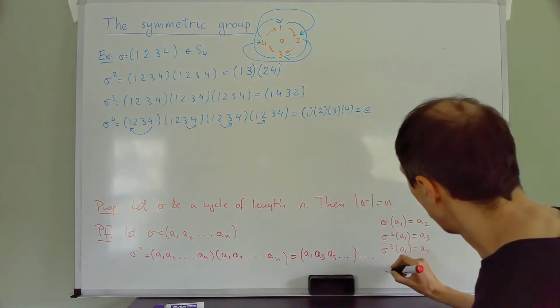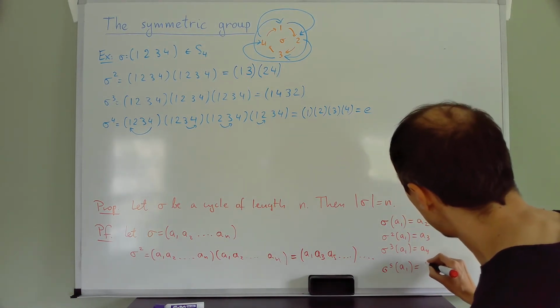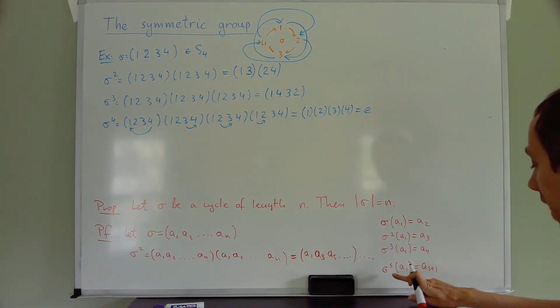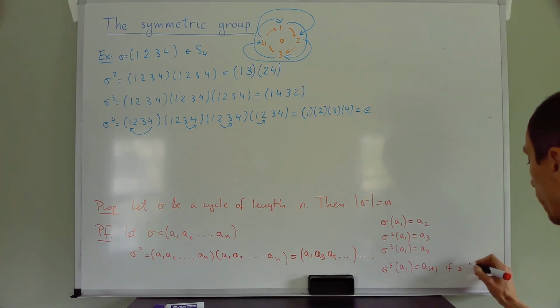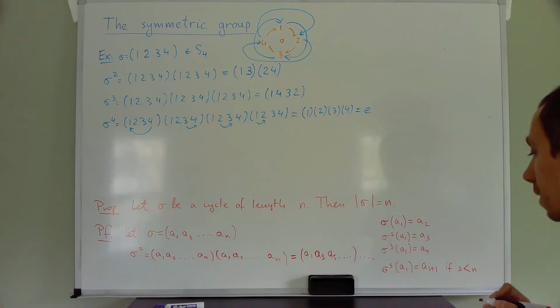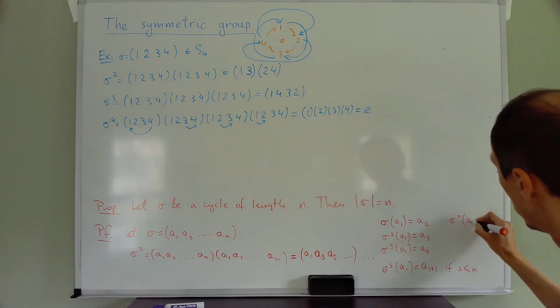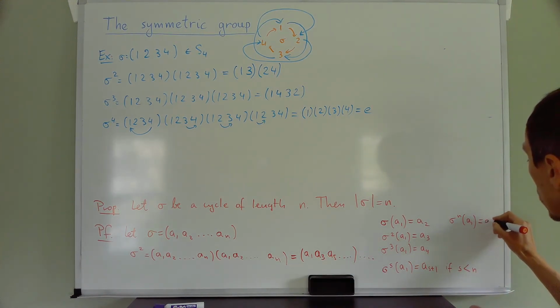So you get that sigma to the s of a1 is a_{s+1}. Well, that's true if s is less than n. If s is equal to n, then of course you wouldn't get a_{n+1}, you just go back to a1.